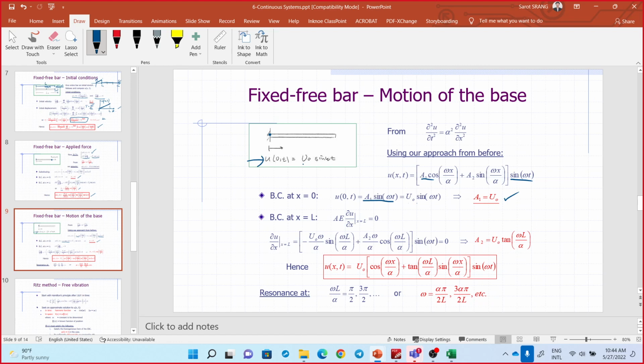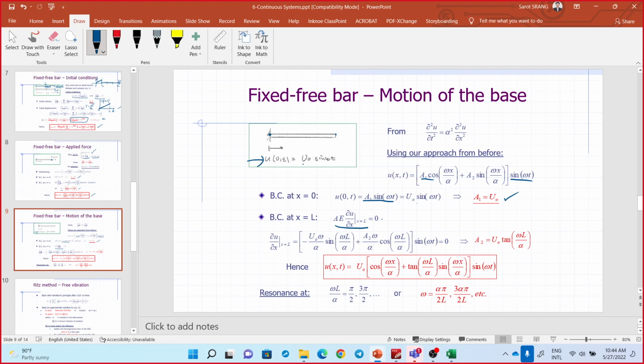For the boundary condition at this point, in this case there's no applied force, so the condition of applied force is this form and it is set to 0.